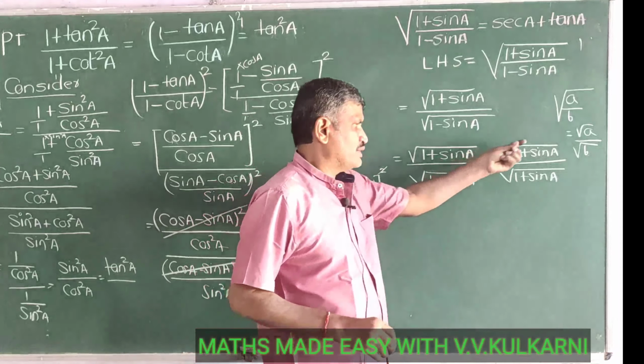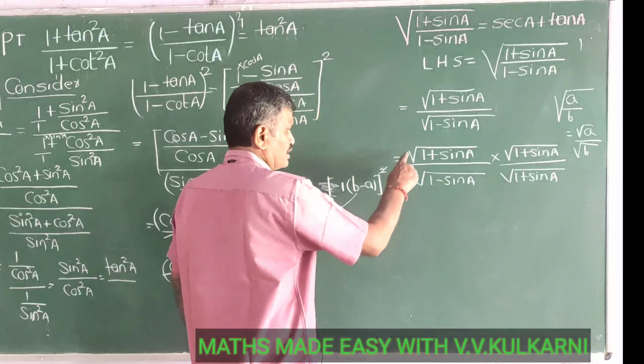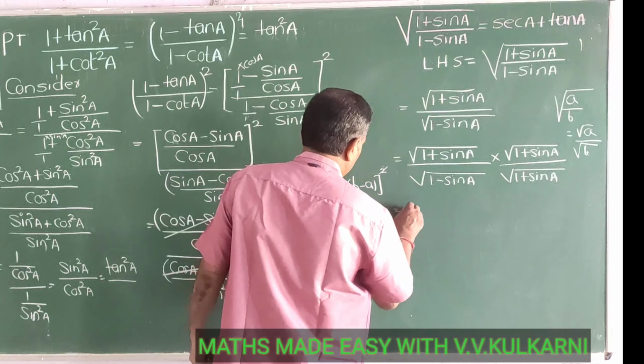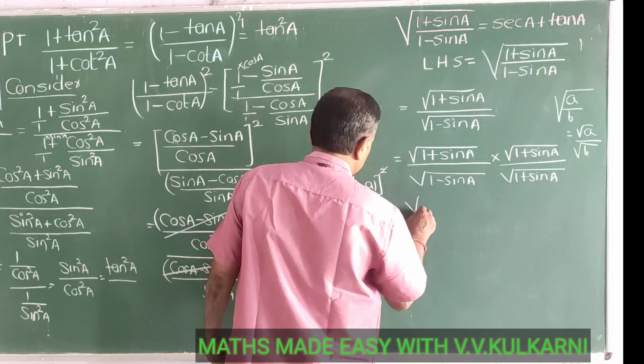Instead of minus I am writing plus here. Now under root 1 plus sin a into under root 1 plus sin a will be equal to under root 1 plus sin a whole square, and this is under root 1 minus sin a into 1 plus sin a. That can be written as a minus b into a plus b, where a is 1 and b is sin a.